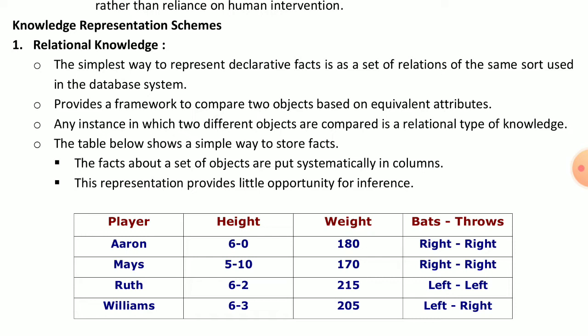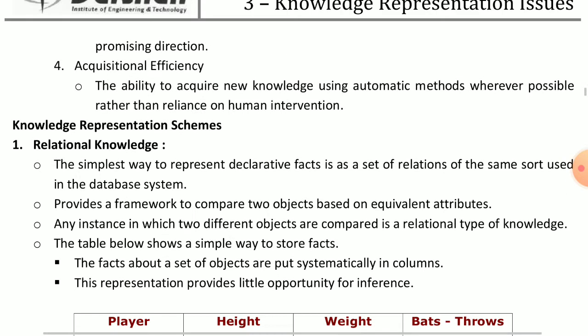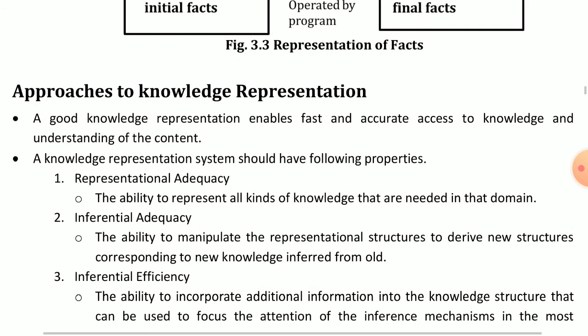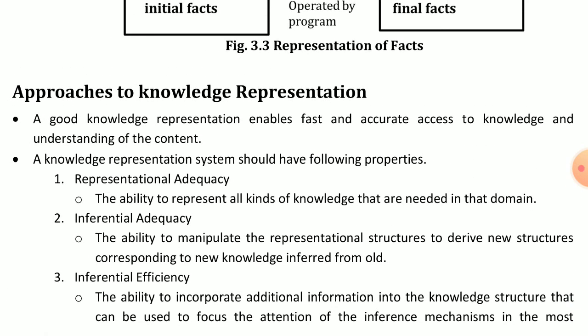In this unit 3 previous video lecture, I will start the topic which is named approaches to knowledge representation. In this topic there are two subtopics given: the properties of knowledge representation and the schemes of knowledge representation.